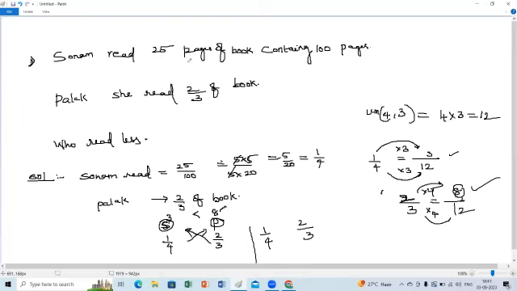The answer should be 5 by 12. Who reads more? Palak is reading more by how much? 8 minus 3 by 12, 8 minus 3 is 5. She is reading 5 by 12 more. What is the difference? 5 by 12. Very good, children.